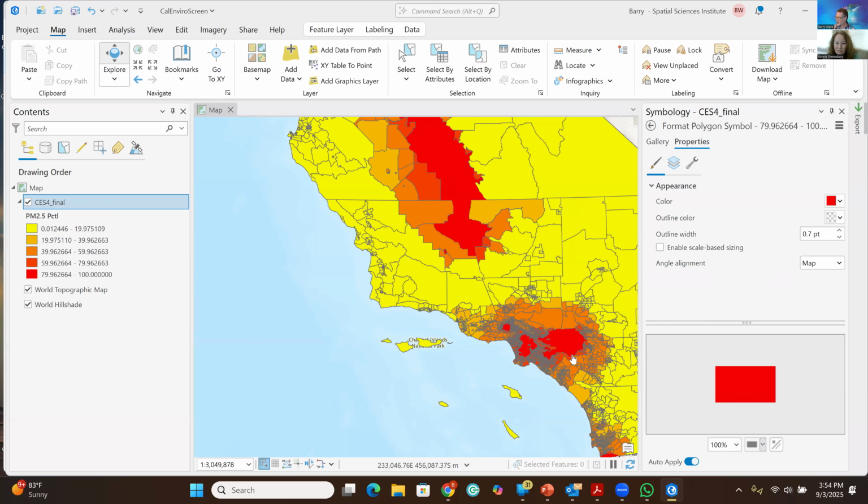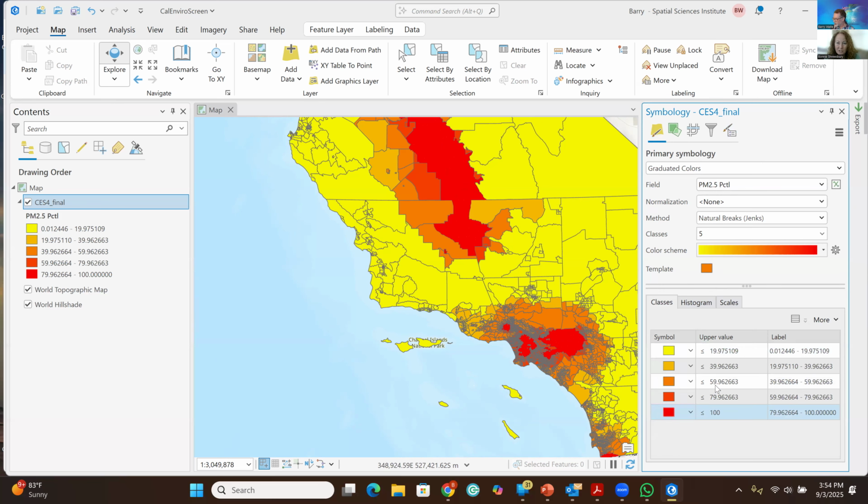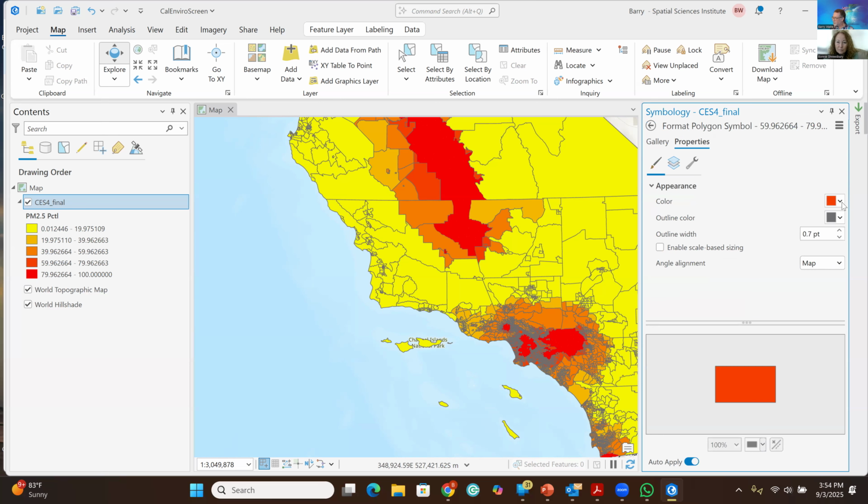So I eliminated that for one area, for these highest ones. And let's do it also for the next one. Yeah, the orange is probably a good one to remove. Click on that.